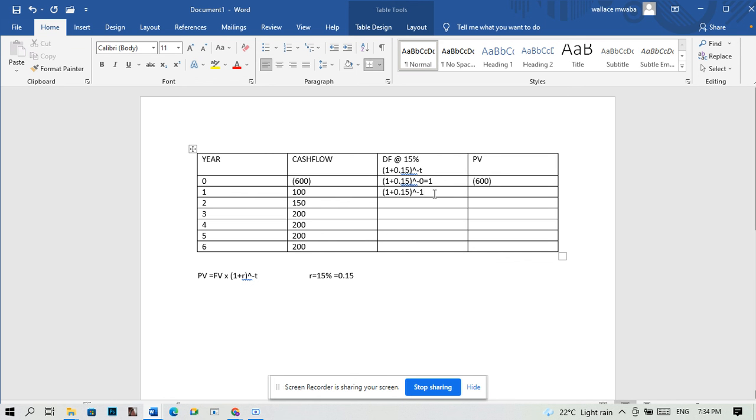Going to our calculators, that will give us 0.869. So we're going to say 0.869 times 100, as the formula is stating here. So 100 times 0.869, we are going to get 86.9.